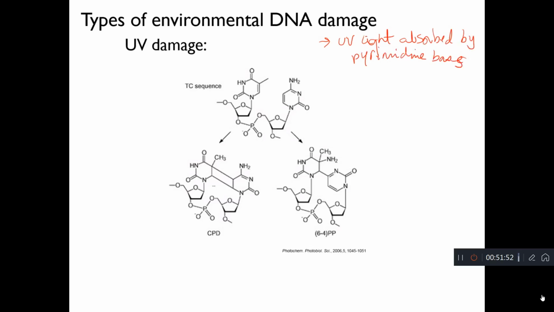Okay, and this can result in the opening of the ring, the carbon-carbon double bonds in those rings. So you get opening of the carbon-carbon double bonds. And if this happens, that ring opening really allows it to react with something.